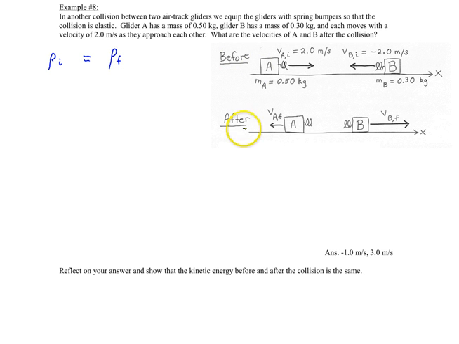That's before and afterwards. To calculate the momentum before, we have two objects here, glider A and glider B. So that would be mass A, velocity A initial, plus mass B and velocity B initial, and then at the end we have mass A, velocity A final, and we have mass B and velocity B final.